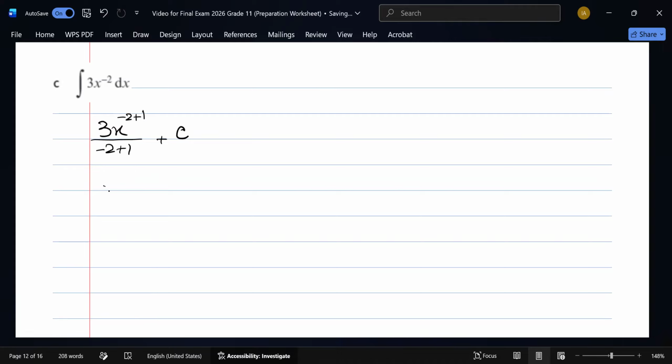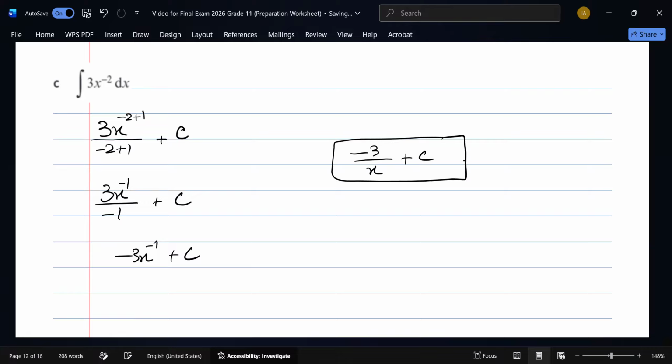So as we simplify, it's going to be 3x power minus 1 divided by minus 1 plus c. Now 3 divided by minus 1 will give you minus 3. And remember, your power of x must be positive. That's why we bring it down and it's going to be 3 over x plus c. This is your final answer after integration and after simplification.